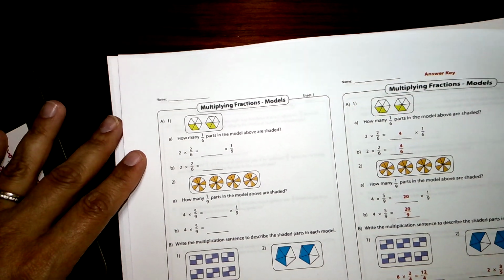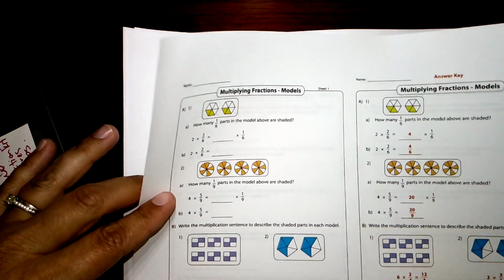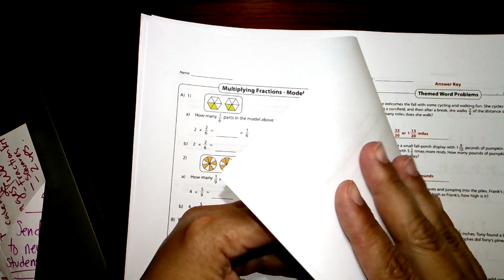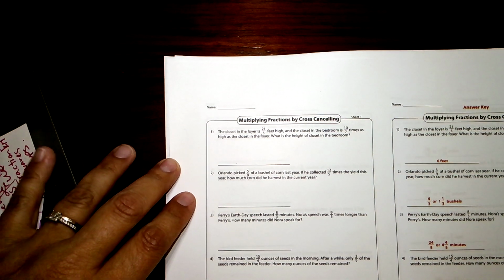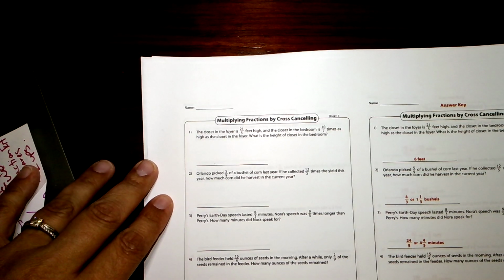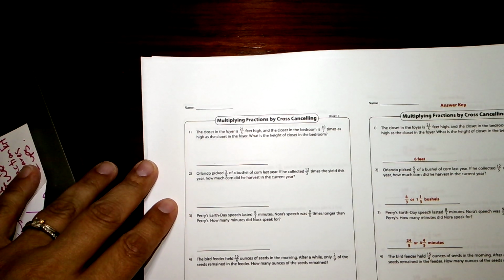Okay, we have multiplying fraction models that aren't using our rectangles, they're using other designs. Okay, this is a multiplication with word problems. Okay, the fractions are unlike denominators. And then again, the answer keys can be found on Canvas.